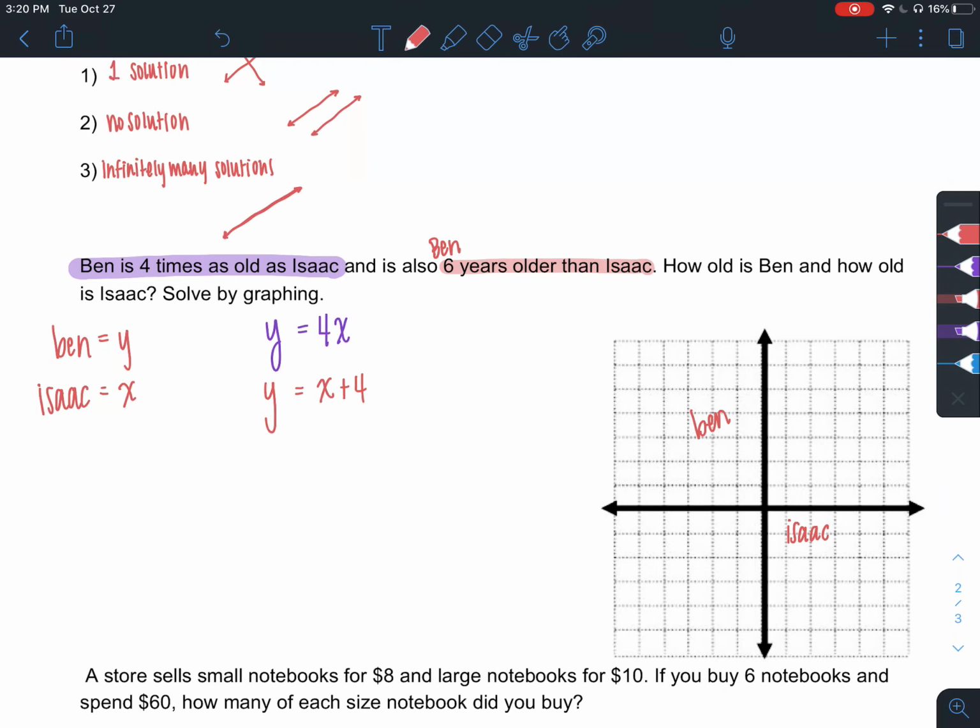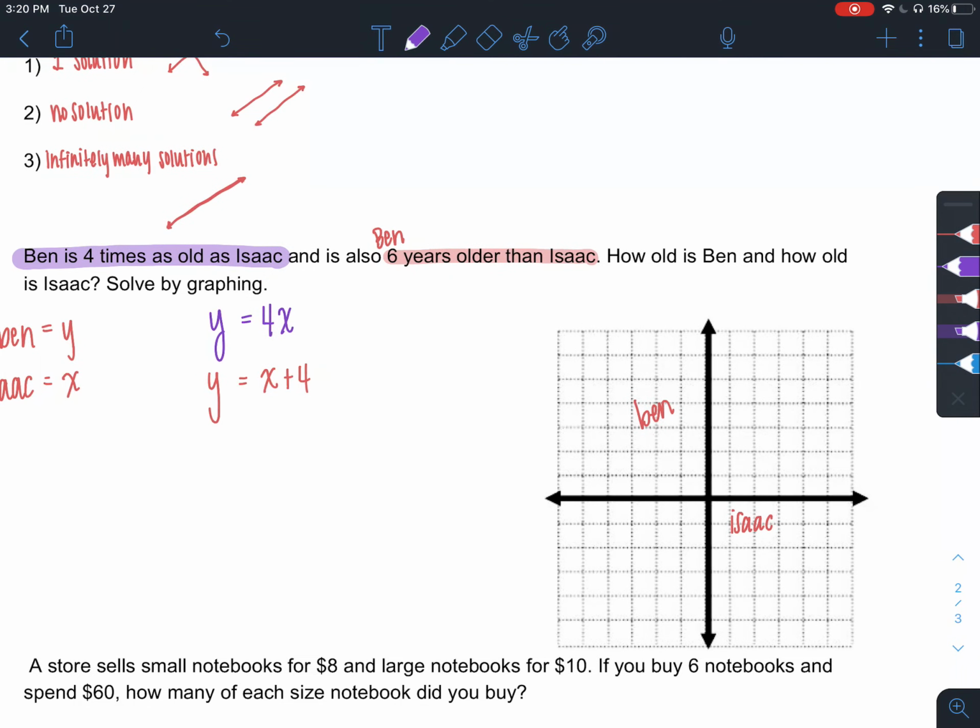So I'm going to graph these two lines. First line, (0, 0) is my intersection, or my y-intercept, so I'm going to go up 4 over 1. Graph that line. And then x plus 4, I'm going to go up 4, and then graph my slope of 1.